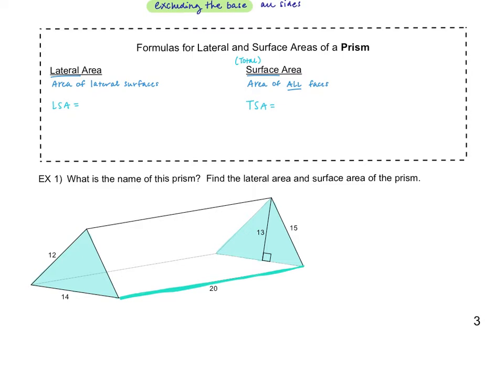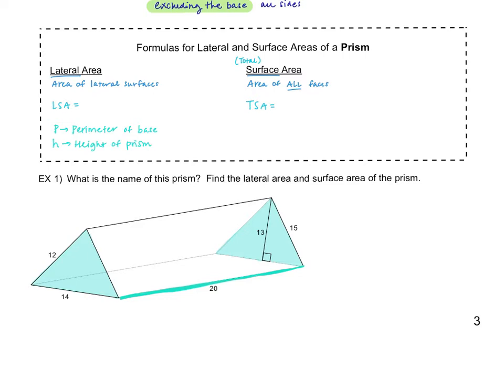So if we're looking at the area of our lateral surfaces, keep in mind, essentially what we're doing with a prism is we're going to introduce the idea of the perimeter of our base and the height of our prism. We're going to use P to represent the perimeter of our base, and H will represent the height of our prism.